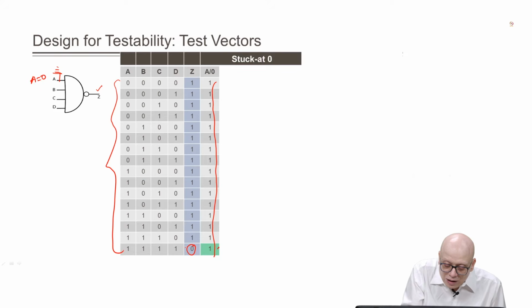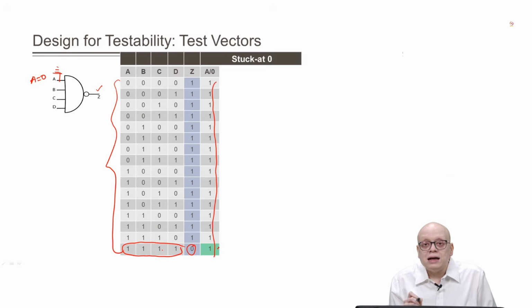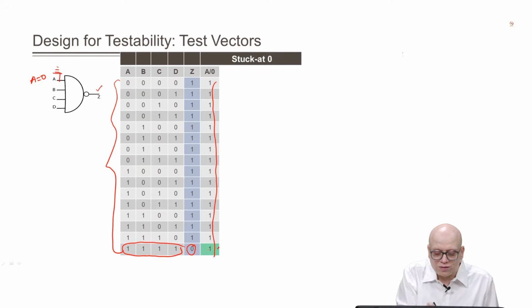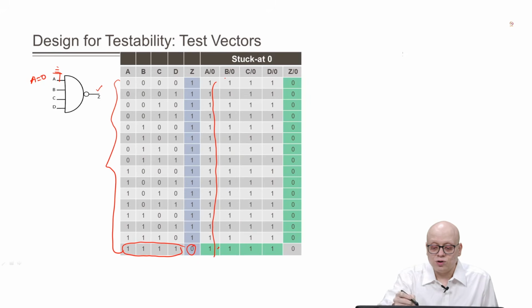So, we see that only for the test pattern 1 1 1 1, we have the value produced at the output Z as 0 for a fault free circuit and 1 for a faulty circuit, and therefore 1 1 1 1 is a test vector to detect a stuck at 0 fault at the pin A, right. Similarly, to detect stuck at 0 fault at pin B, C and D, we can use the same test pattern, that is 1 1 1 1, right.